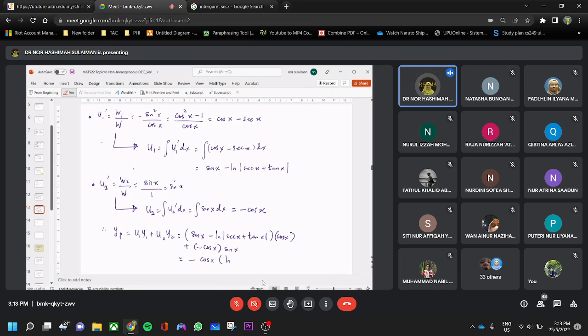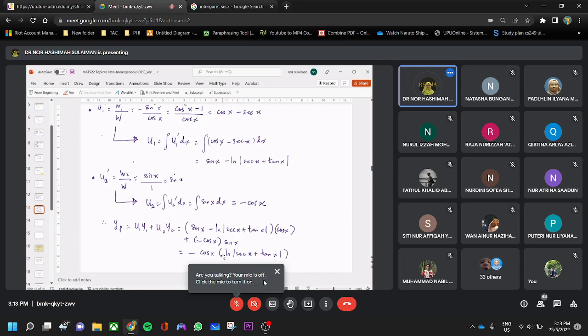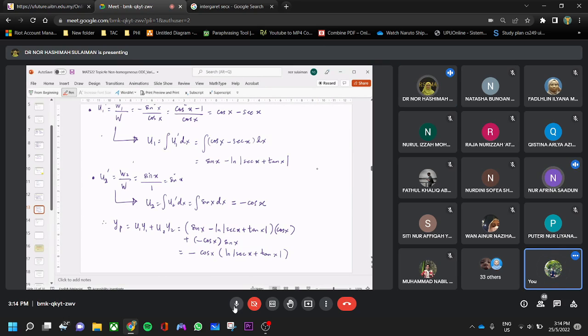Okay, so we have log secant x plus tangent x. Okay, dah lah kan? Betul tak? Mana pergi benda ni? Slash dah. Kan you kembangkan ini darab dengan cos, ini darab dengan cos kan? Betul tak?